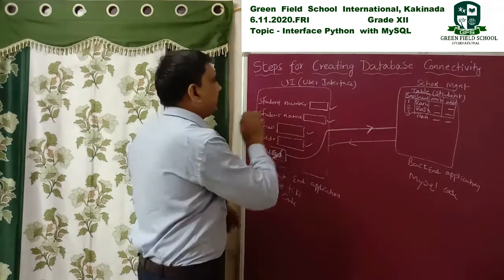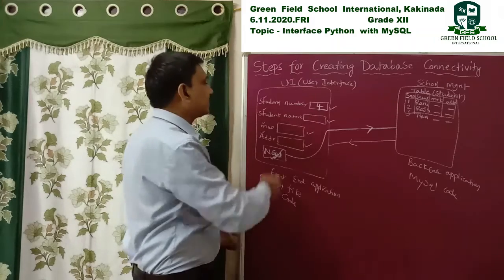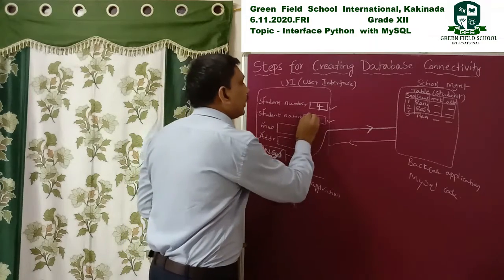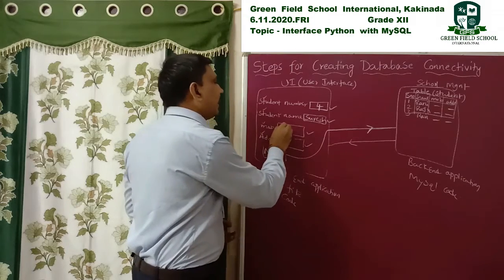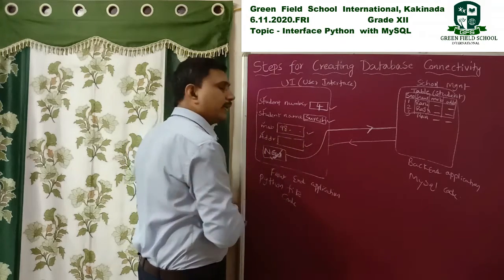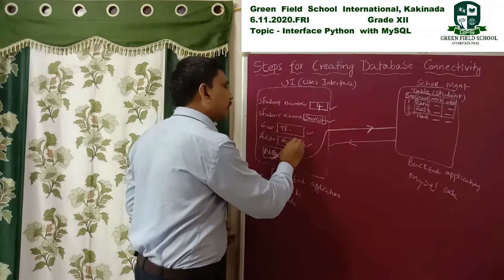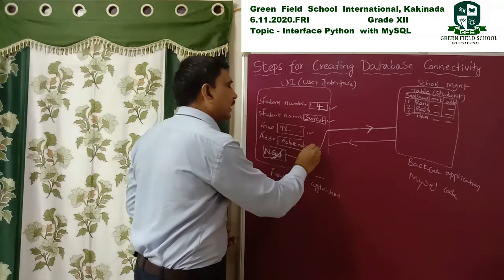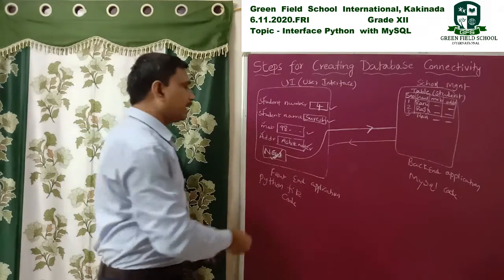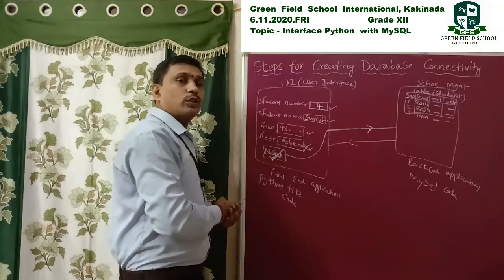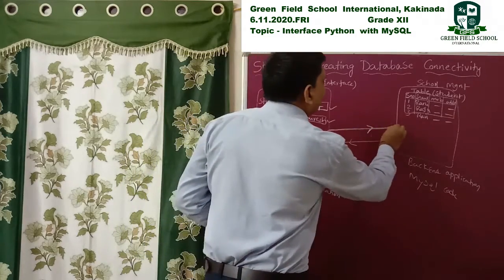Here I enter student number 4. Next, student name Suresh. Next, mobile number, something 98 something. Here address Ashok Nagar, for example. After entering all these details in this front-end application, I click here new. So new data is inserted into this table.